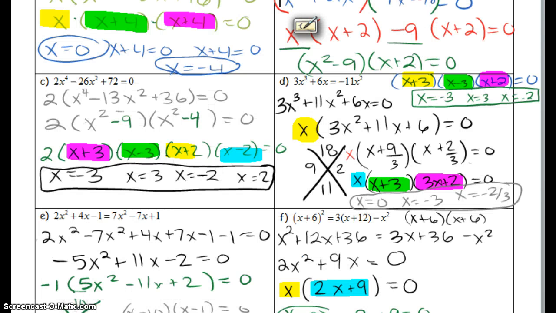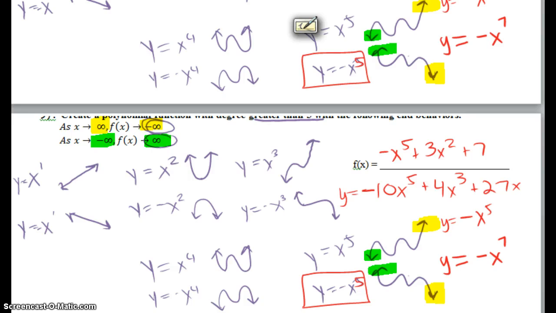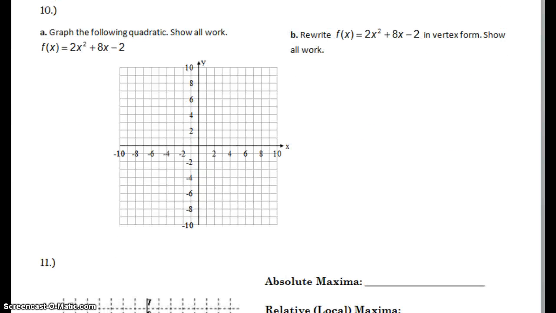Sorry about that, a little stray mark. Okay, so I'm going to move this constant over to the other side, and I'm going to factor out my GCF on the right.